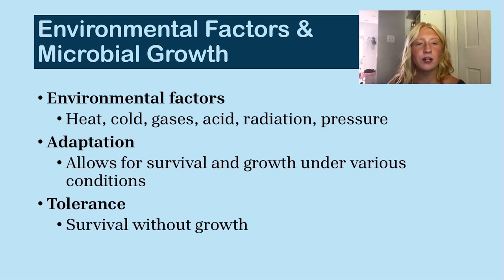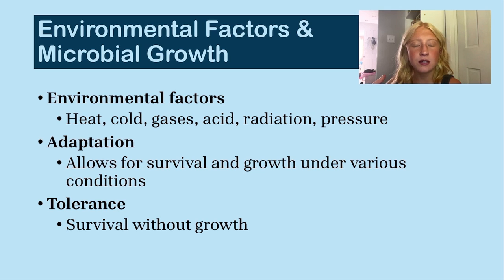So now I'm going to talk about the different factors that alter microbial growth. Microbes live in many different places, whether it's extreme hot environments like volcanoes or the bottom of oceans. So their survival is dependent on their ability to adapt to external conditions like pH, temperature, or oxygen.